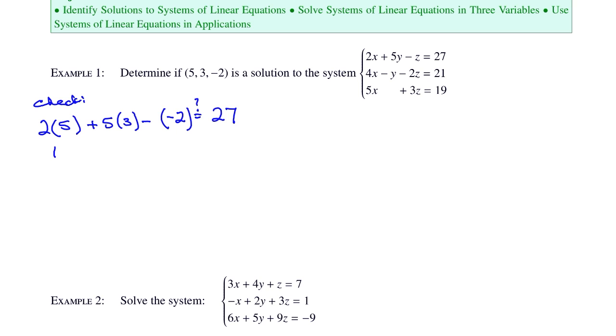And so that would be 10 plus 15 plus 2 might be equal to 27. And yes, 10 plus 15 plus 2 is 27. So that one works out.